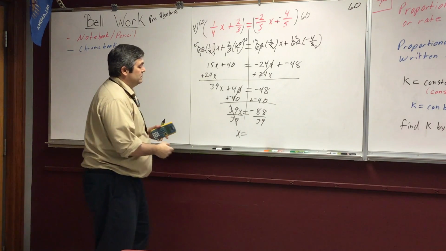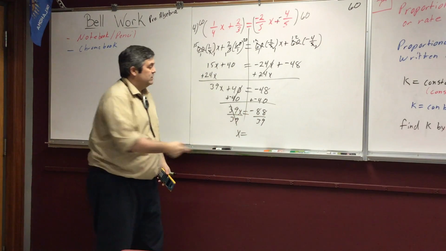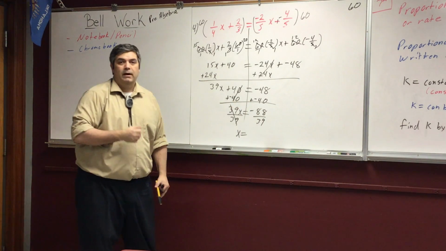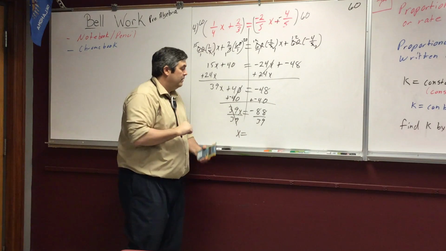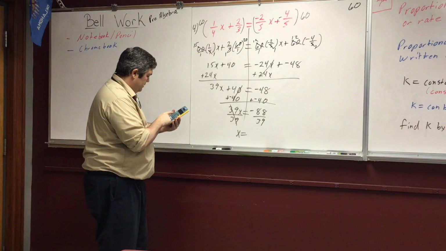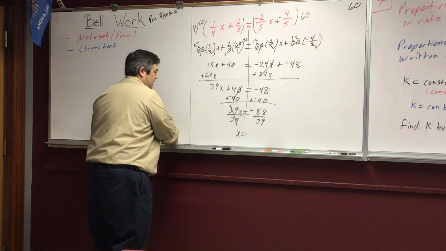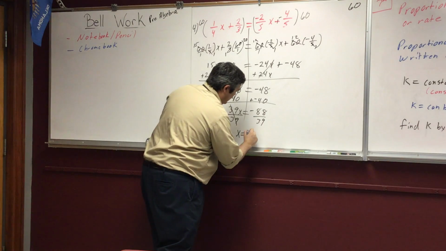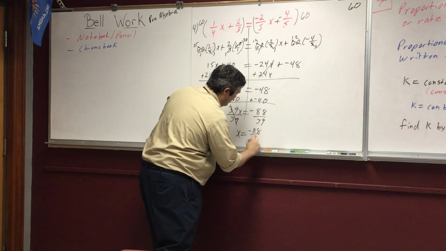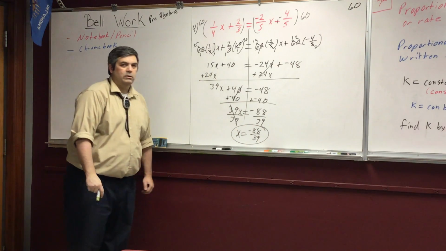And all I would do is, because 3 is the only number that divides evenly into 39, I would check to see if this can divide by 3. So I'm just gonna plug it in here and check just to make sure. Yeah, I didn't think so. So we got negative 88 over 39, and here we go, and we're good to go.